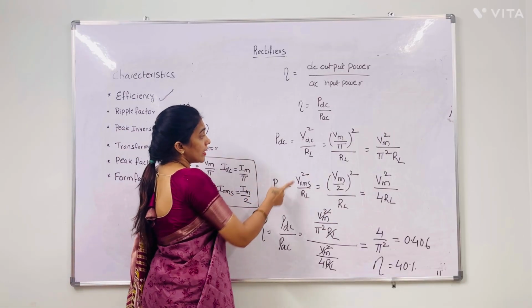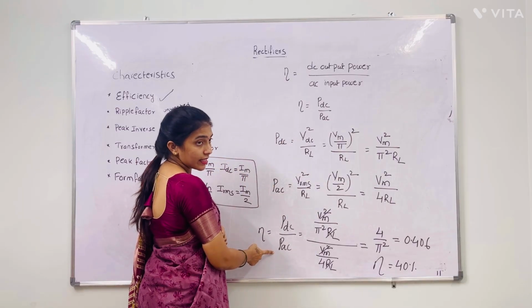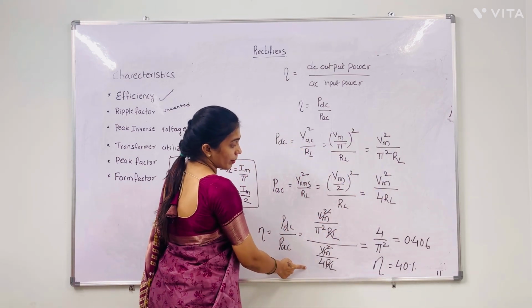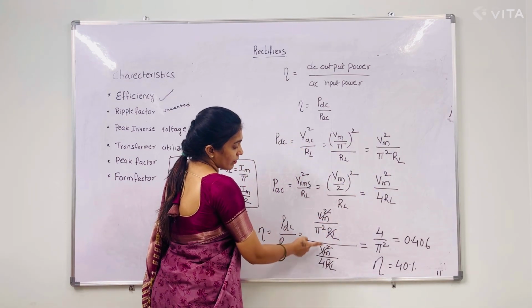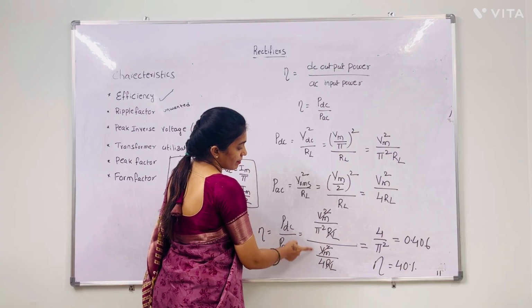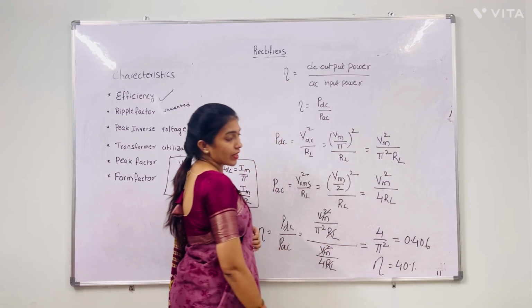After that, substitute these two values in PDC by PAC, in numerator and denominator. Vm square cancels, RL cancels, and the remaining terms are 1 by pi square by 1 by 4, that is 4 by pi square.